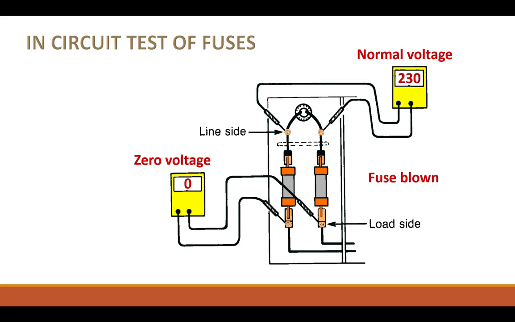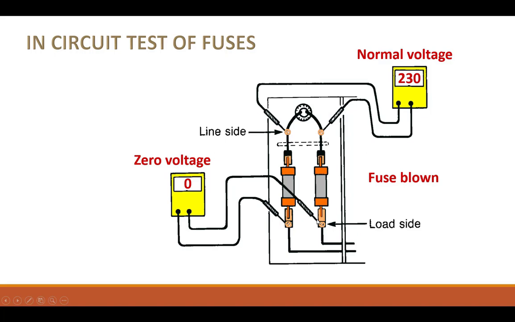But here's how I can find out. I can take this lead off and put it up here, and if it goes from 0 to 230, then I know that this point's getting to this point, and I know that this fuse is bad.